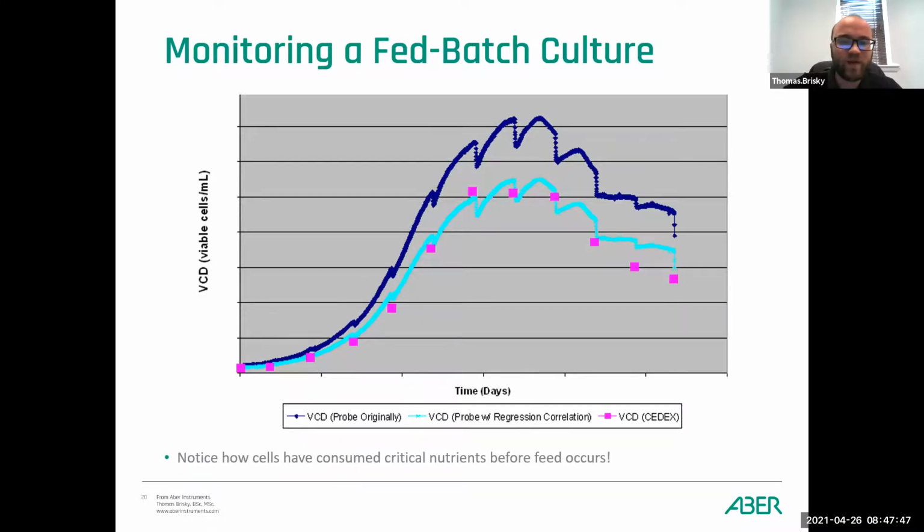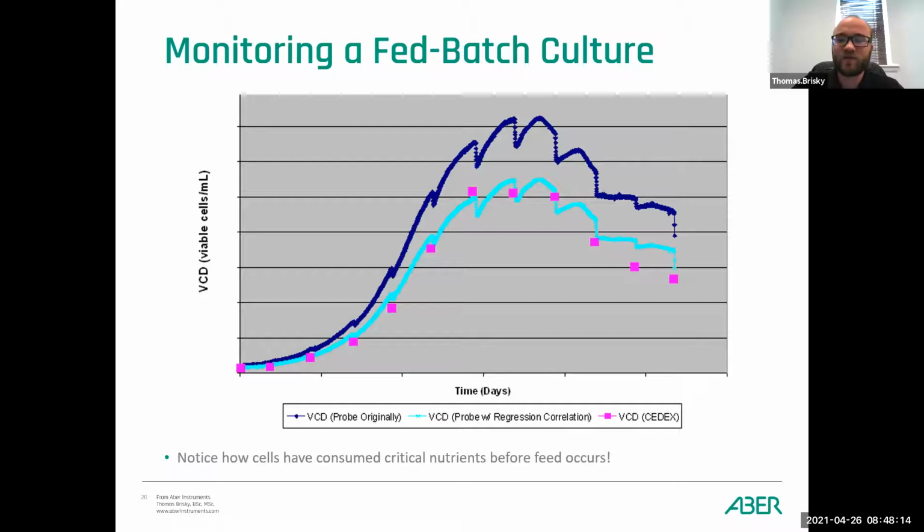What we have here is a fed batch culture, which fed batch cultures are some of the most basic of runs performed in a bioreactor. The idea is to grow cells to a high concentration while the product is being produced. These were NSO cells that were fed at regular intervals with media. The blue lines represent the raw capacitance and the capacitance calibrated to read in cells per milliliter.